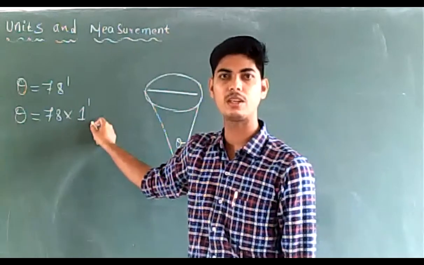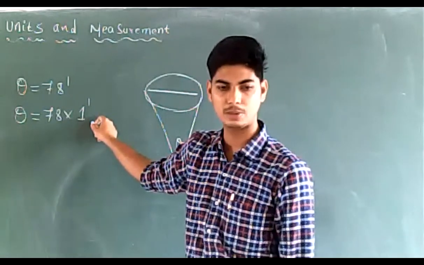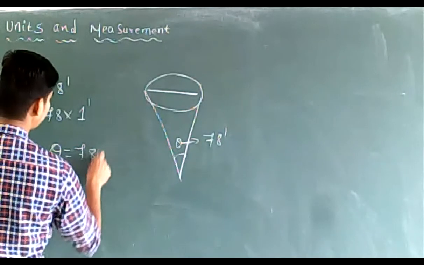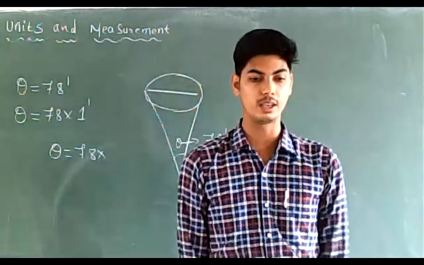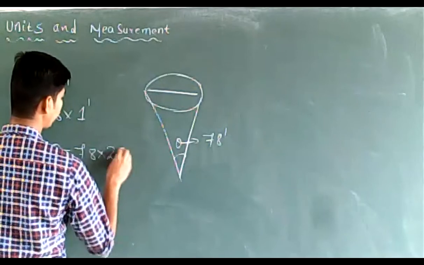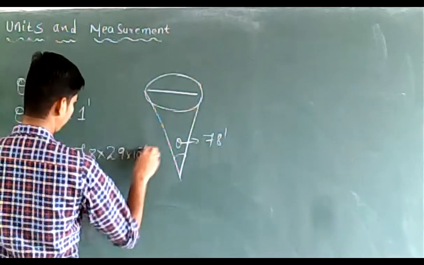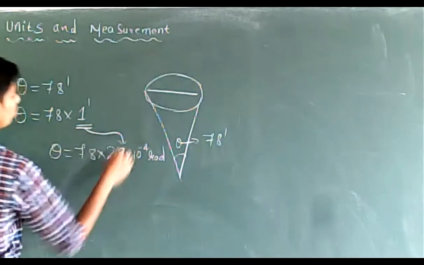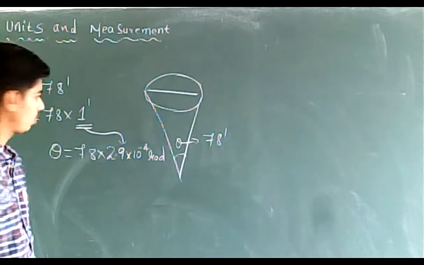We have written 78 minutes as 78 into 1 minute. We know what 1 minute is equal to in radian. 1 minute is equal to 2.9 into 10 to the power of minus 4 radians.